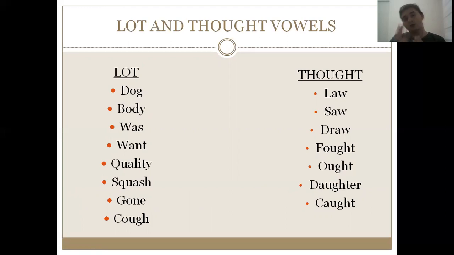But for the thought vowel, you can say thought, law, saw, draw, ought, daughter, and caught. It's sort of like a prolonged version of the lot vowel, although they are completely different, they sound relatively close to each other.